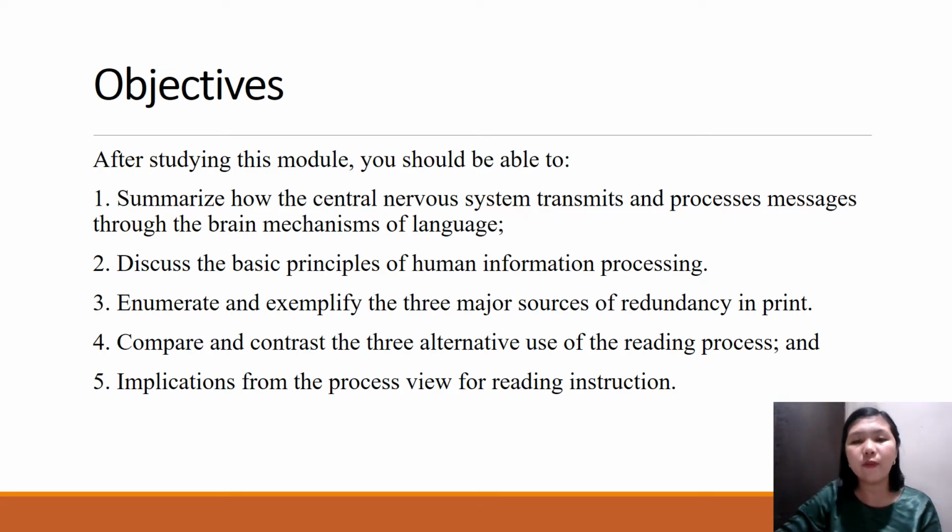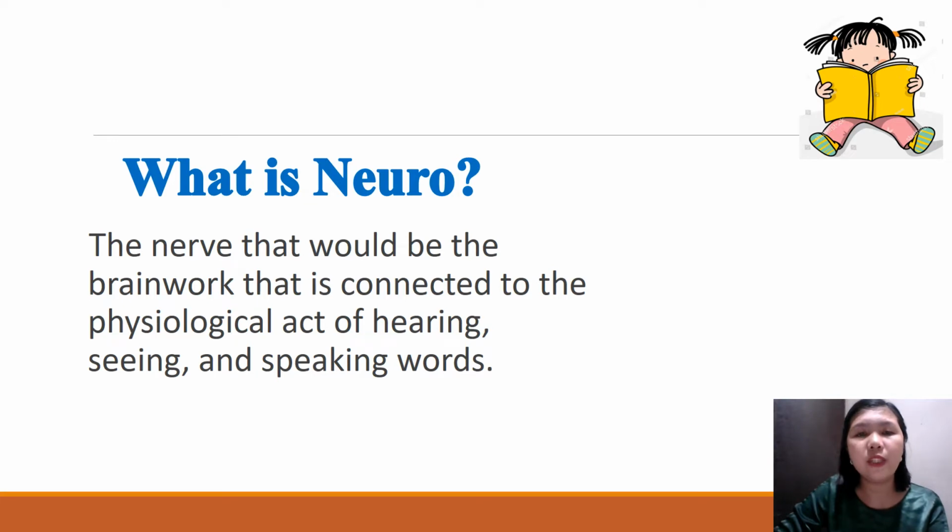Enumerate and exemplify the three major sources of redundancy in print. 4. Compare and contrast the three alternative views of the reading process and implications from the process view for reading instructions.